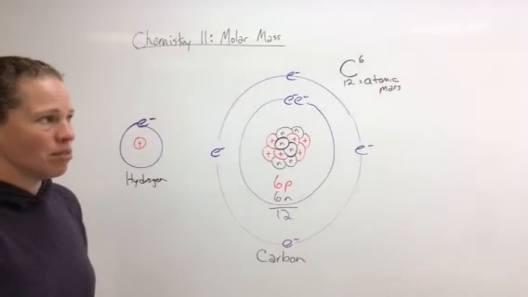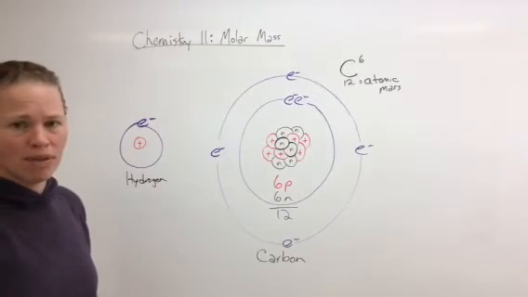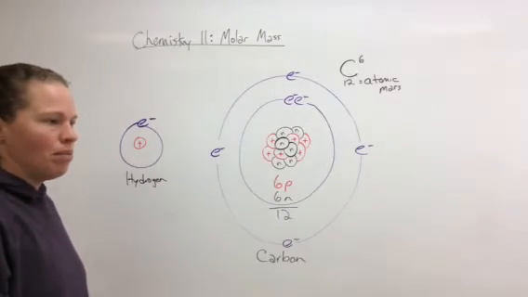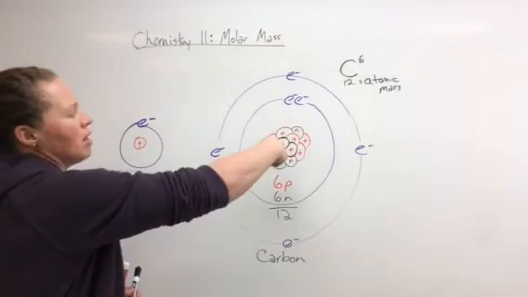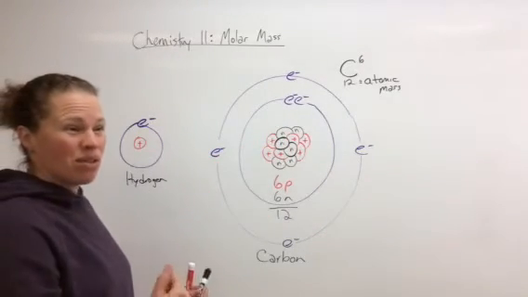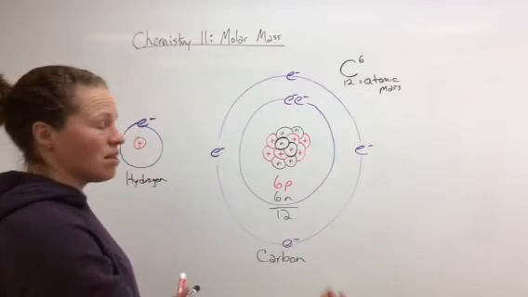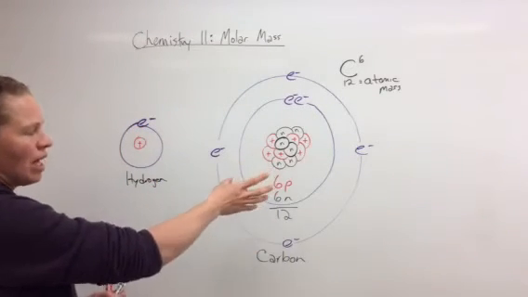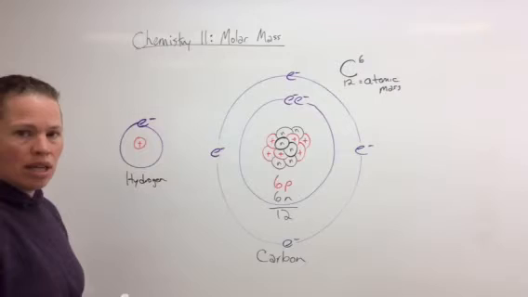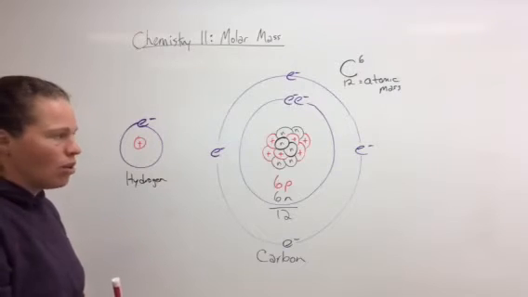If I had uranium, which is 238 for its mass, that would count 238 subatomic particles, but if I use 238 grams, I should have the same number of atoms as I do of these guys. Hopefully that makes sense.